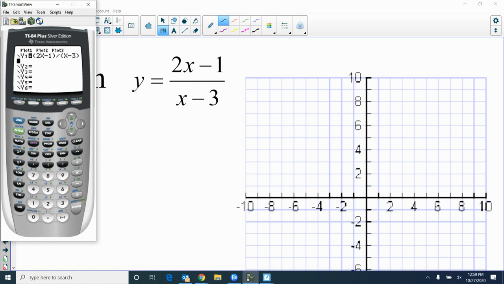Put in parentheses. There we go. All right, got it. All right, good.